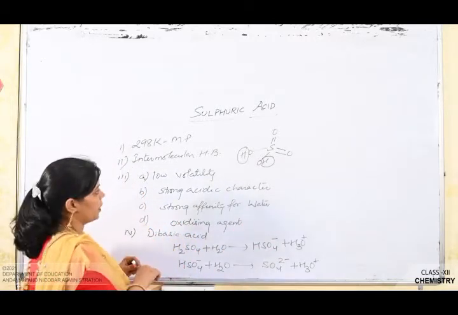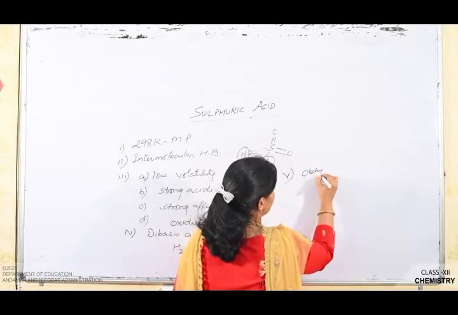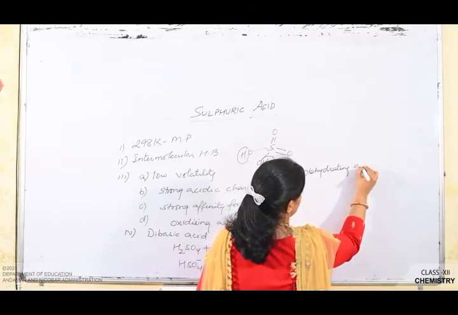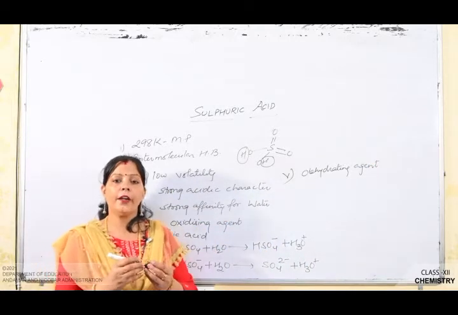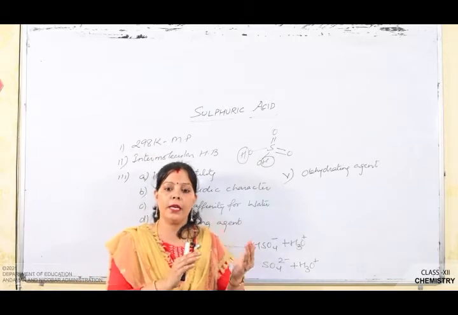The next important property, the fifth property, is that it acts as a strong dehydrating reagent. Dehydrating agent means it has the tendency to liberate the water molecules from any compound.